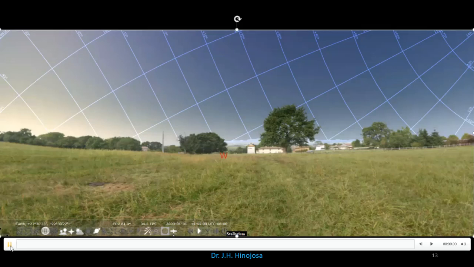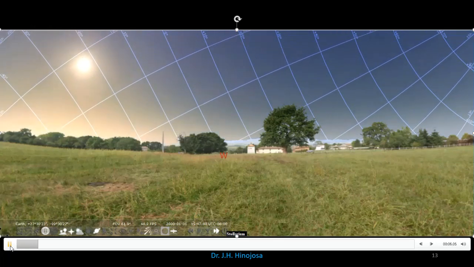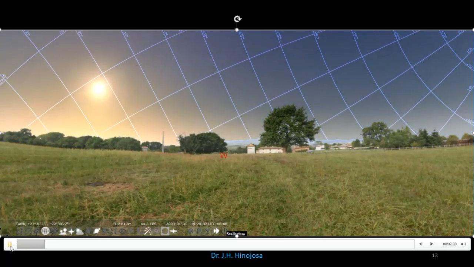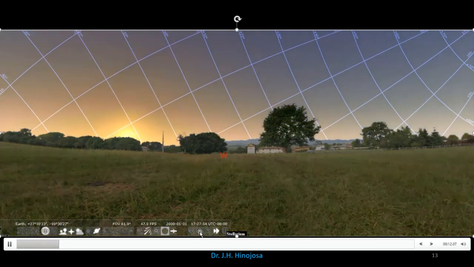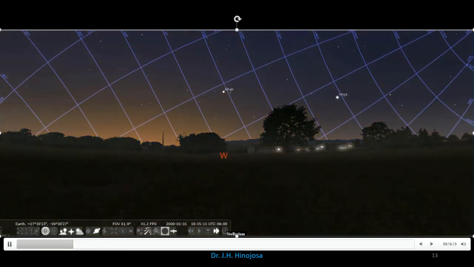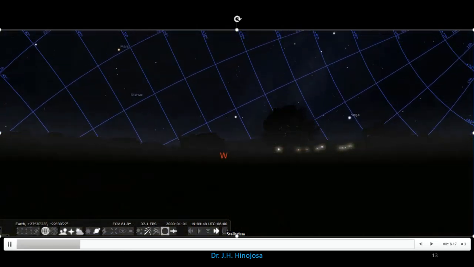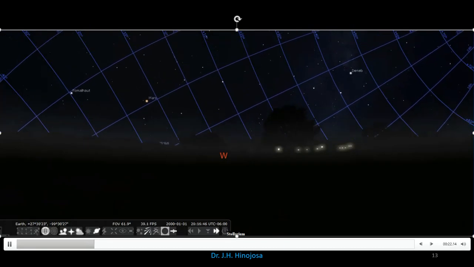Now here we're going to look at a time lapse. As the earth rotates, you see that the time here is passing by, 16, 17. The sun is setting in the western horizon. You see these objects setting also, Uranus, Mars.